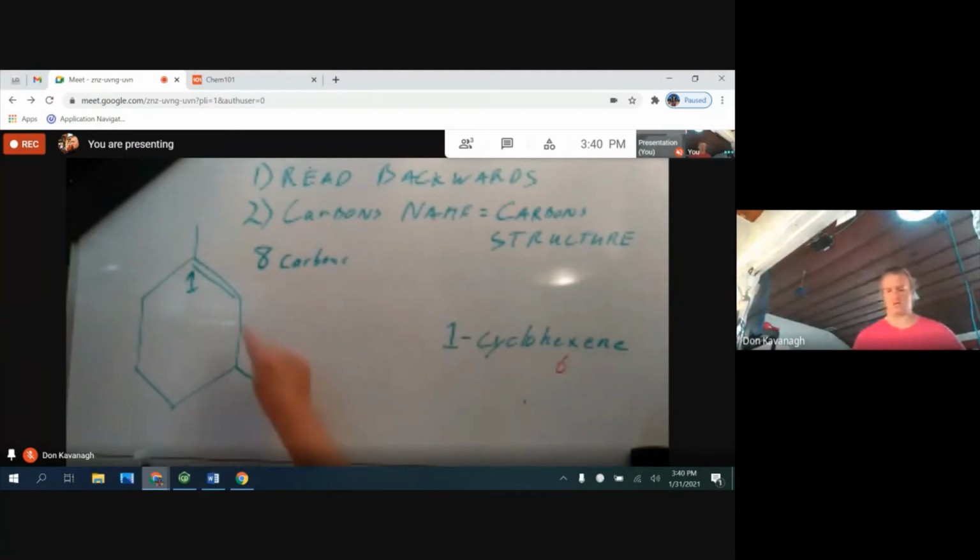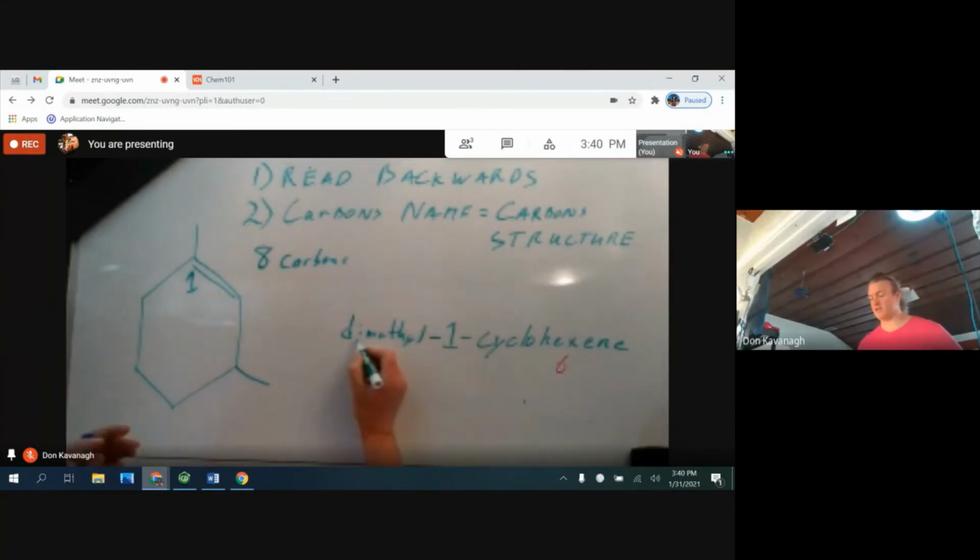There are substituents on this cyclic ring, and there are 2 of them, and they are both methyls. So that's a dimethyl. Remember, di telling us there are 2 of these 1 carbon substituents.